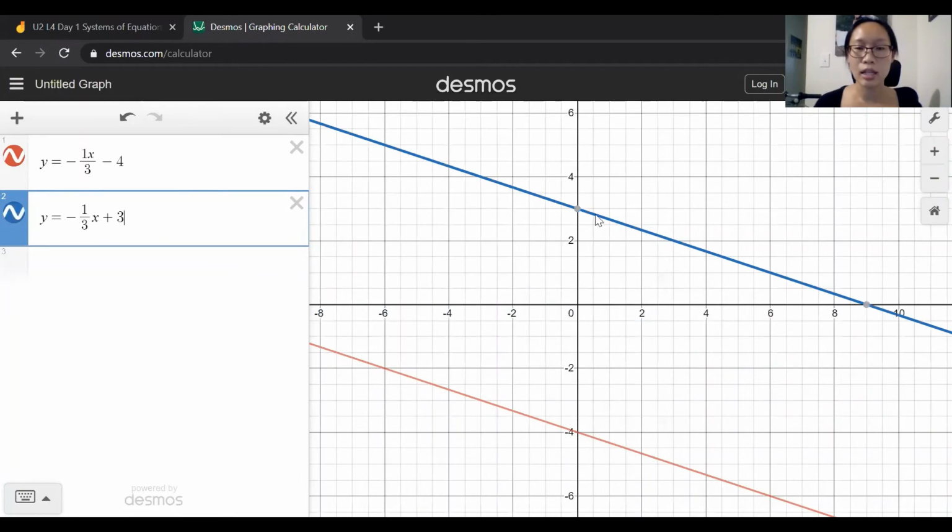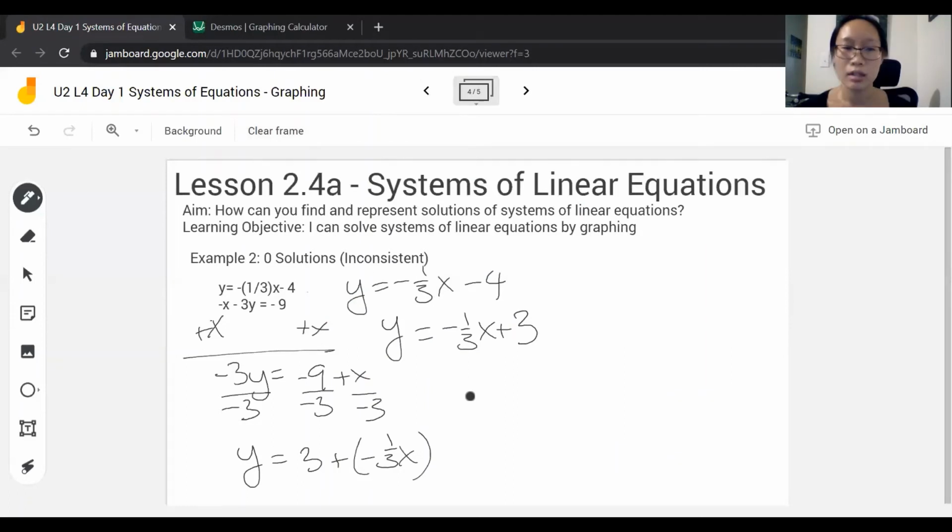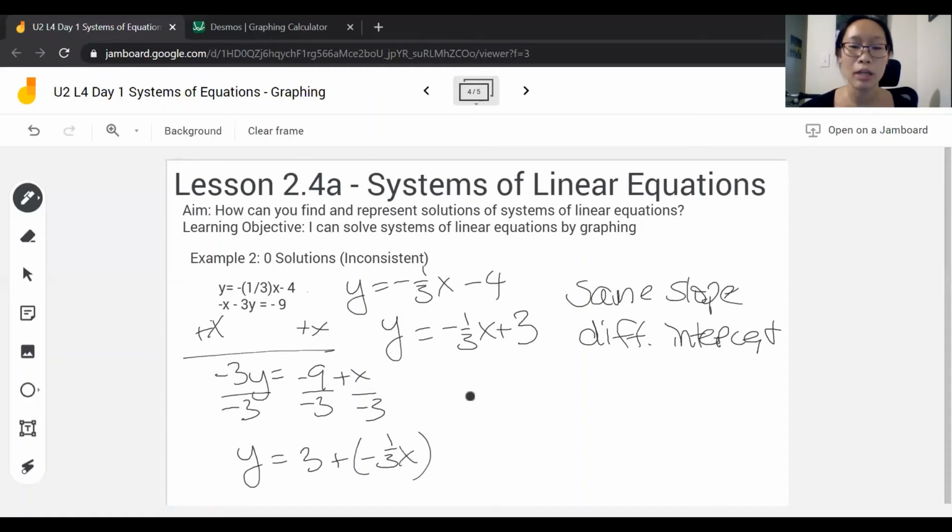And as you can see, my lines here are parallel. They never meet, and they have two different intercepts. So algebraically, what I want to show is that these two lines have the same slope, different intercepts. And recall, in slope-intercept form, y equals mx plus b, our slope is our m, and our b is our y-intercept.